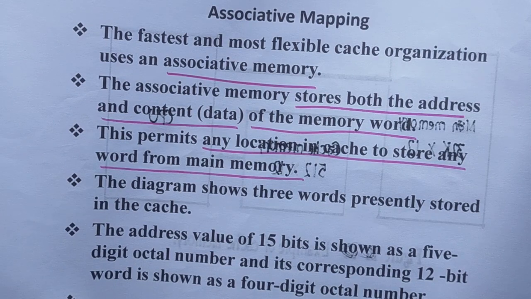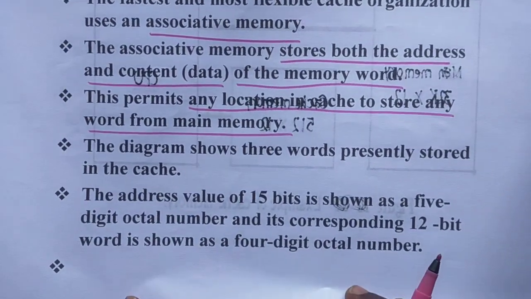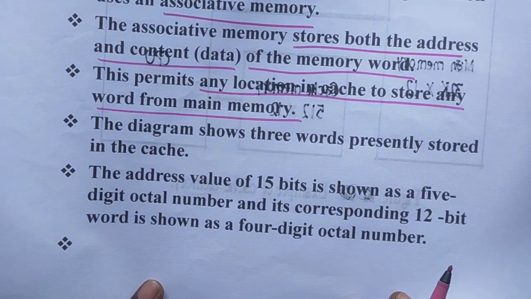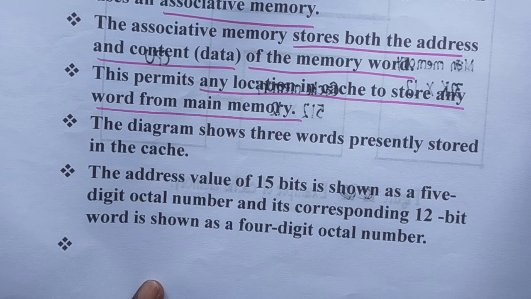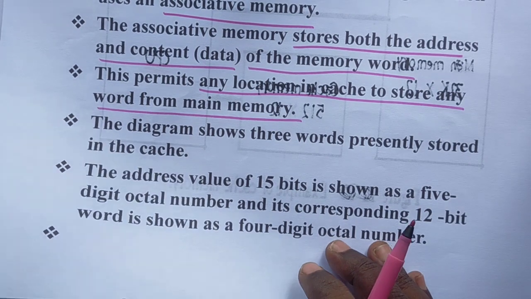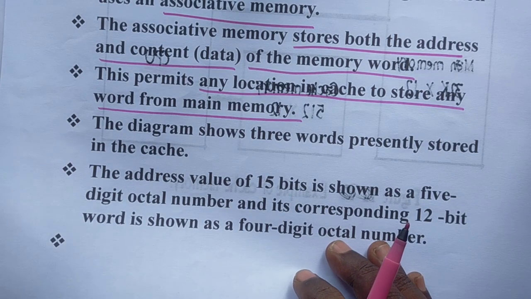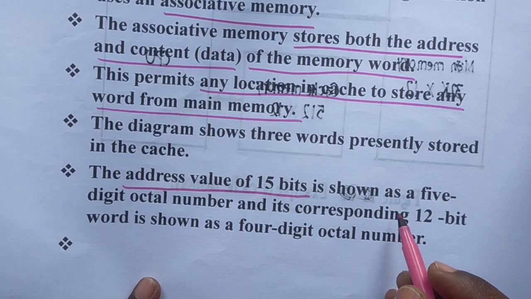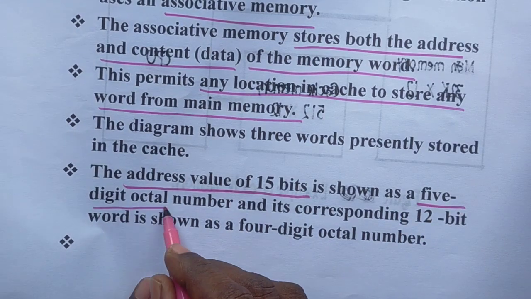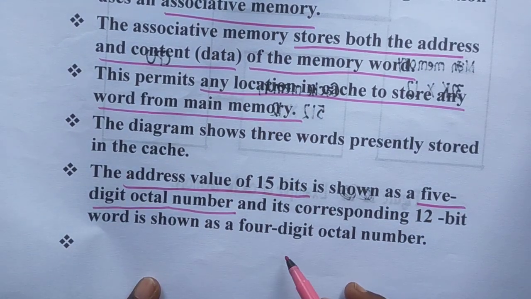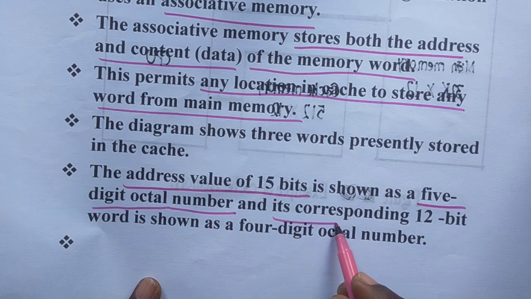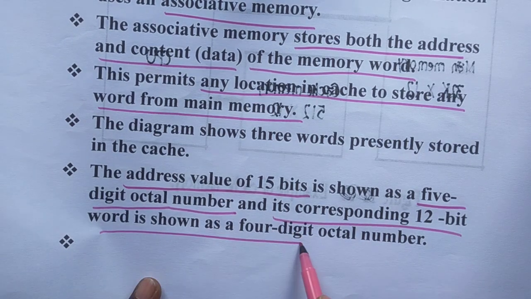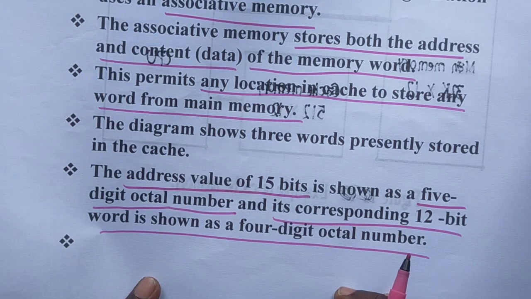Whenever the CPU refers to some data from cache memory, it uses a 15-bit address. Out of the 15-bit address, a 5-digit octal number is used for the address, and its corresponding 12-bit word contains a 4-digit octal number.